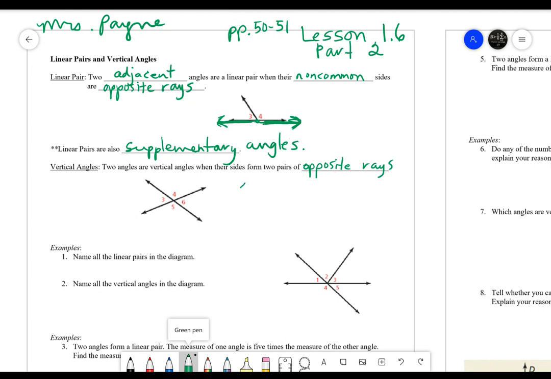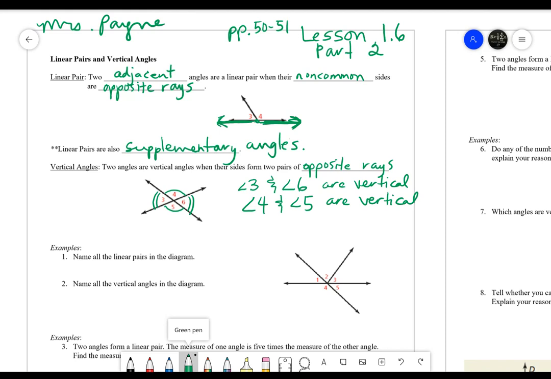So, for instance, angle 3 and angle 6 are what we're going to call vertical. And angle 4 and angle 5 are vertical, directly across from each other. So we can mark those the same with a single hash mark, and we can mark these the same with a double hash mark. So that's what that means.